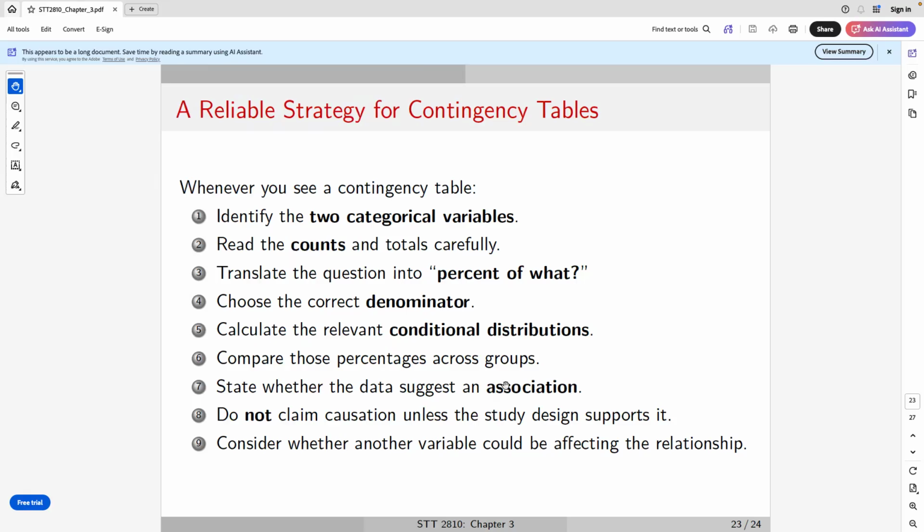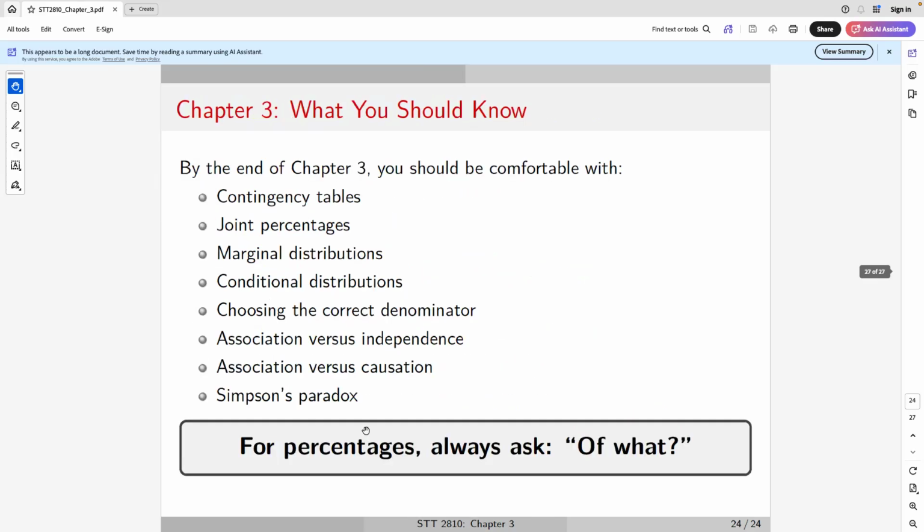And also always have in mind that association does not imply causation. So these are the things we've done today. And also have in mind that we can use split vertical bar graphs to display the information on the contingency table. Any questions so far?